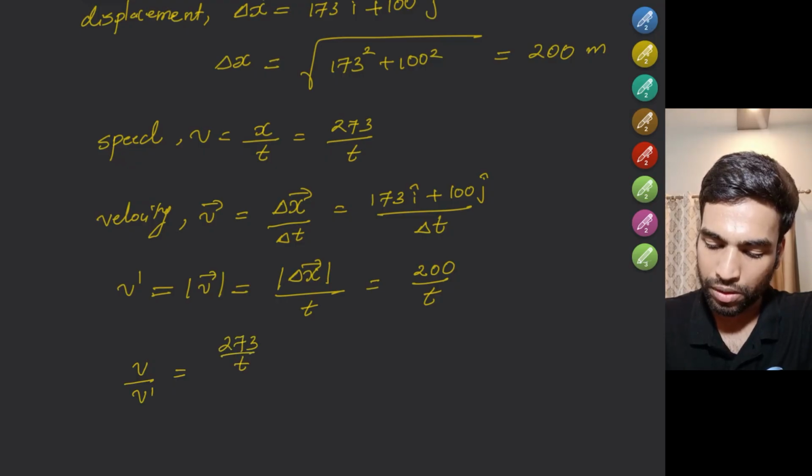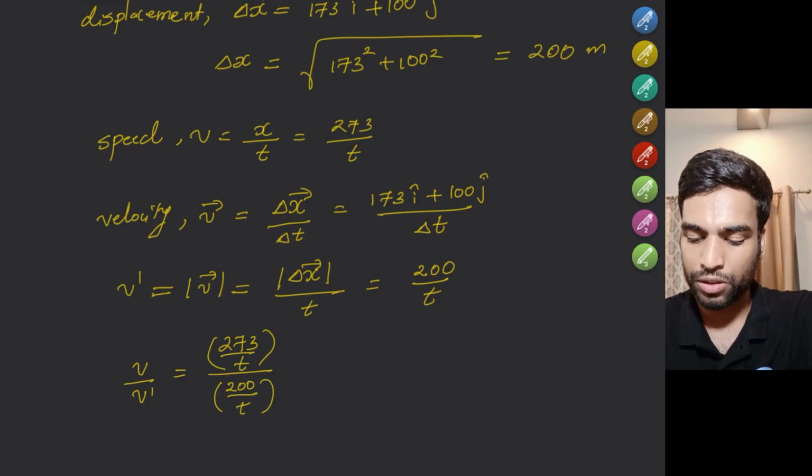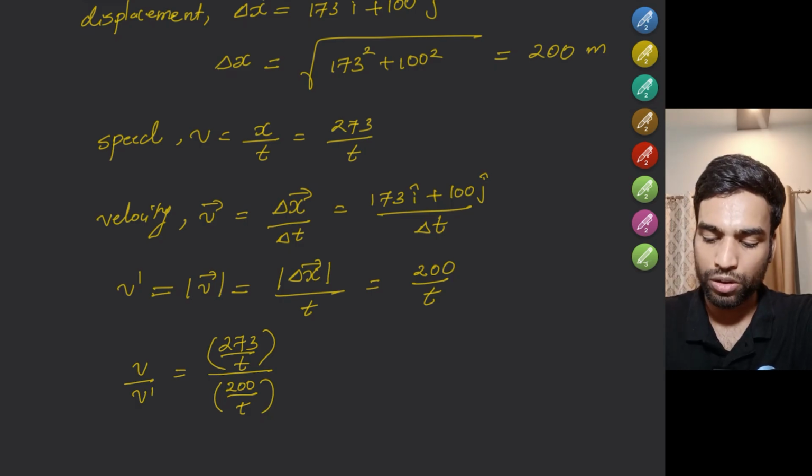Now let's find the required ratio v divided by v dash, which is 273 divided by t, divided by 200 divided by t. Now this is why I said we don't need to substitute the time value, because the time value is cancelling out. Good.